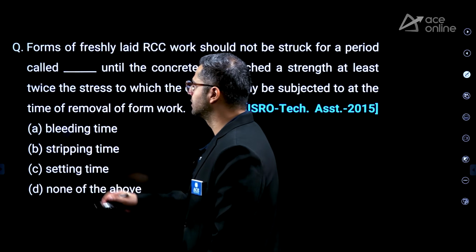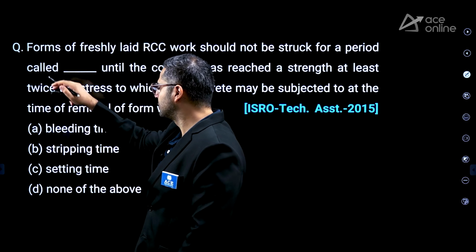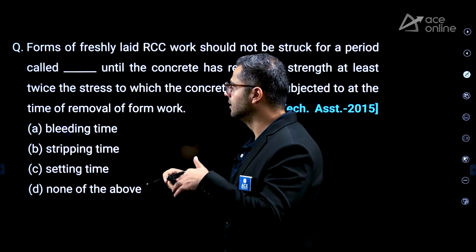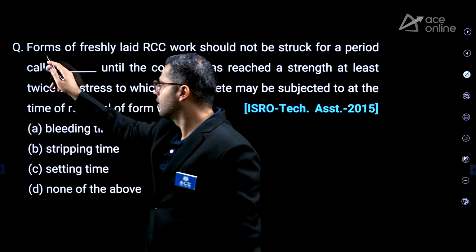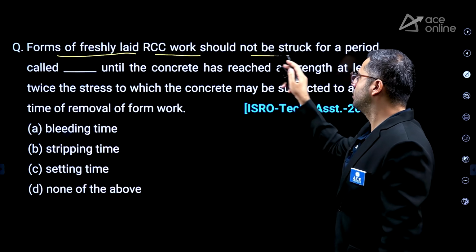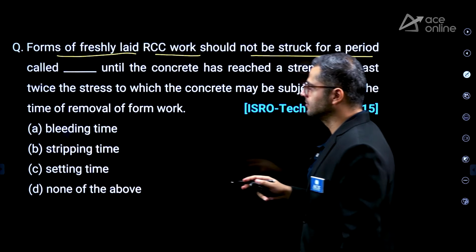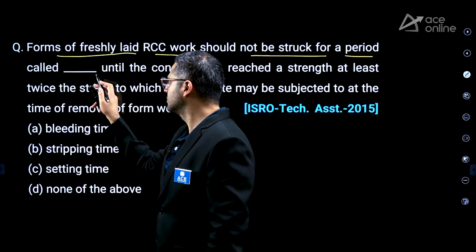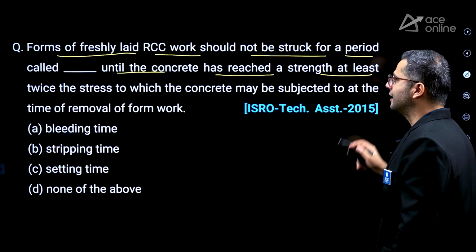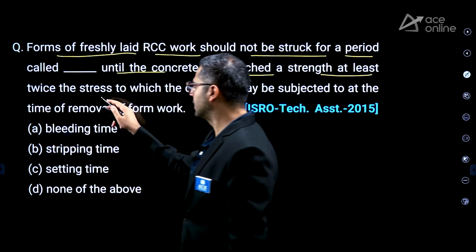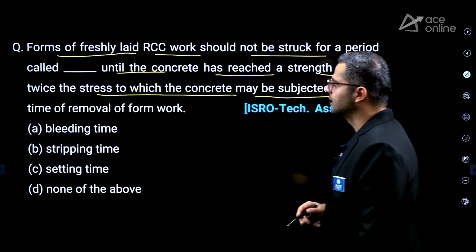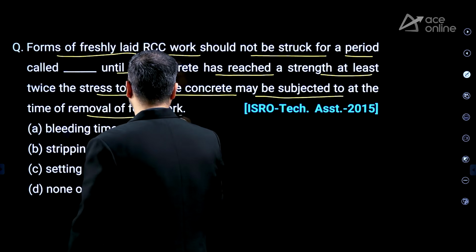Next one, in this particular question they have directly copied the statement from IS 456. Here they are saying that forms of freshly laid RCC work should not be struck for a period called as dash, until the concrete has reached a strength at least twice the stress to which the concrete may be subjected to at the time of removal of formwork.